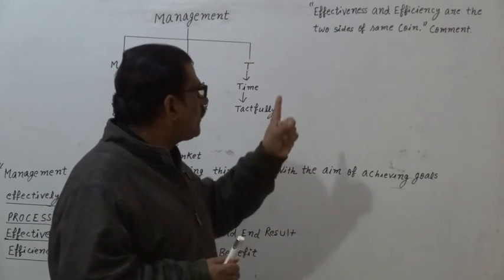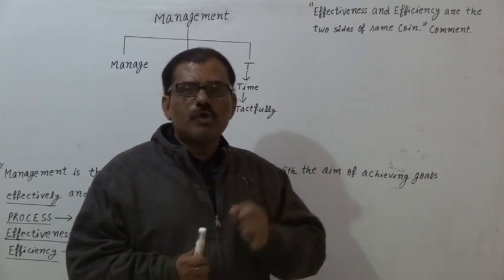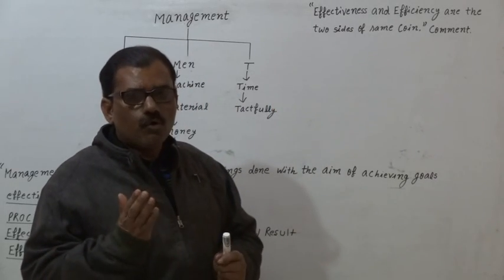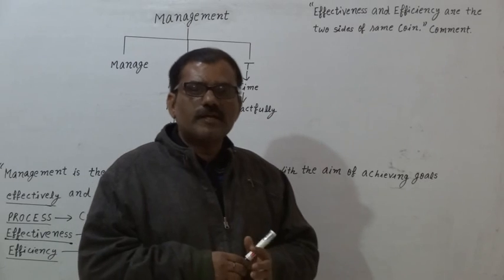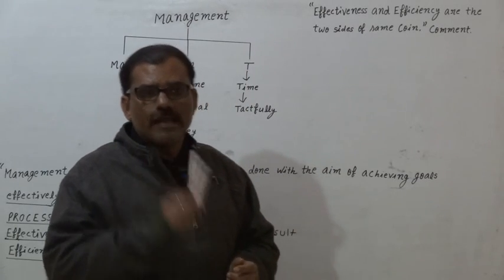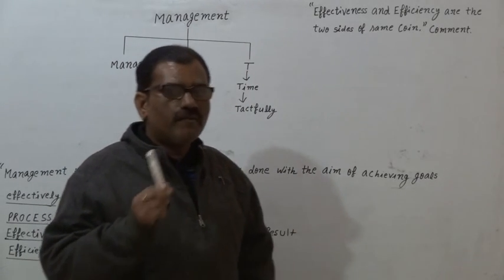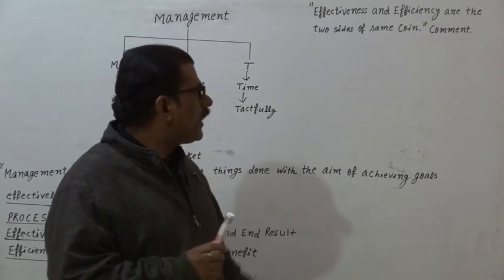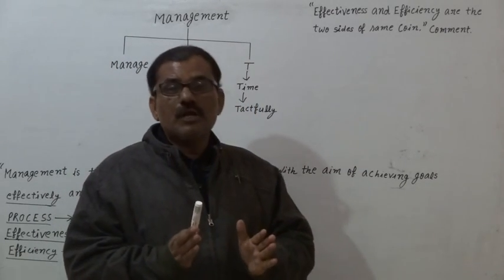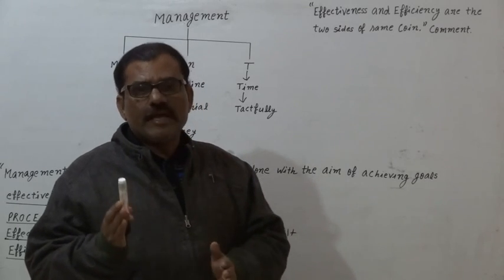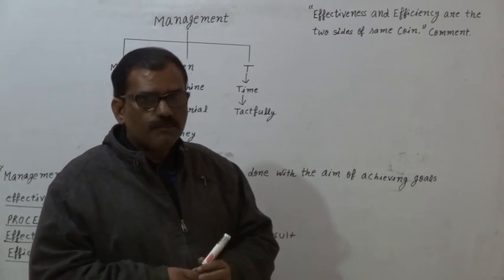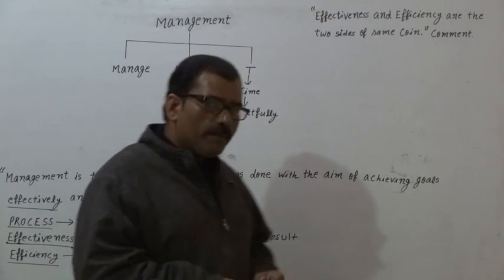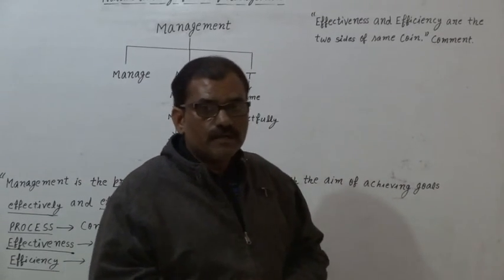If effectiveness is ignored by the manager, then goods will not reach in the target market on time, and that will not be beneficial for the organization. So effectiveness is necessary for the manager as well as for the organization. In the same way, a manager should also be efficient.